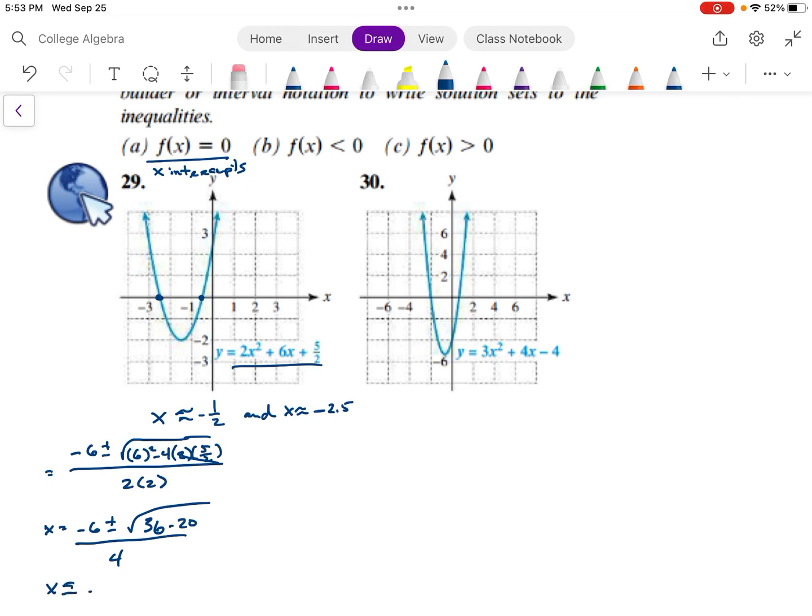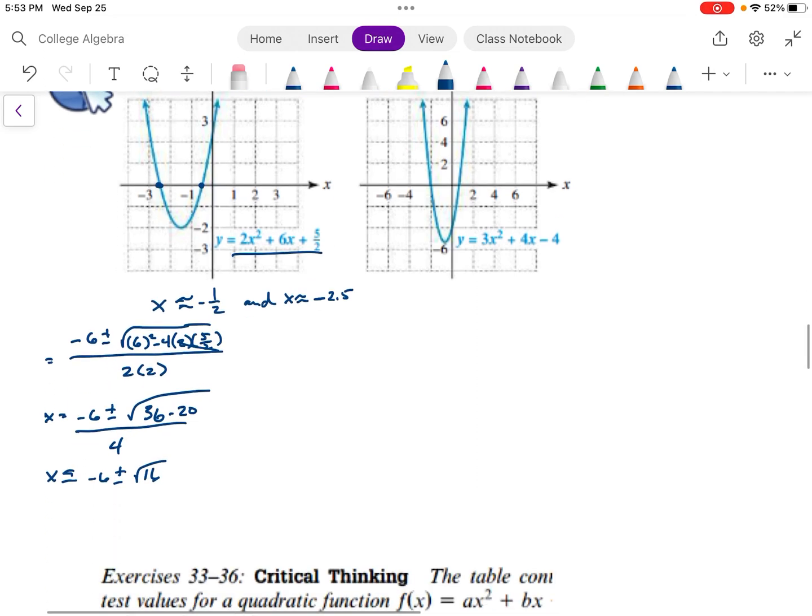So x is -6 plus or minus the square root of 16, all over 4. That's -6 plus or minus 4 over 4. So -6 plus 4 over 4 is -2/4, which is -1/2. And the other one is -10 over 4, which is -2.5.